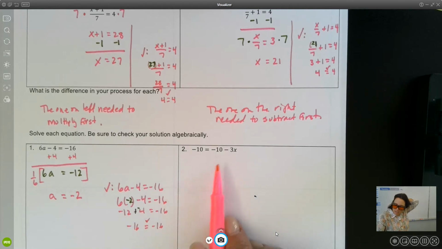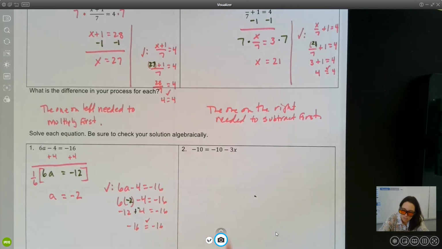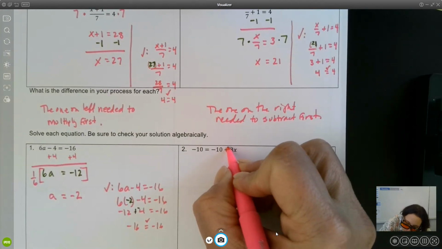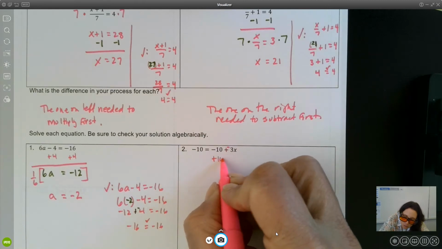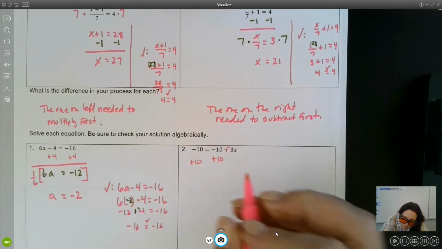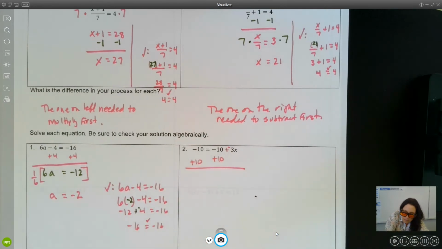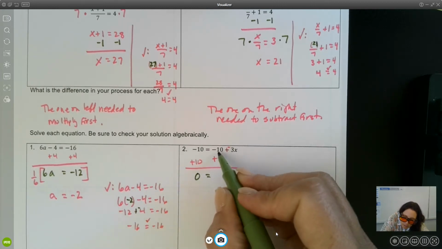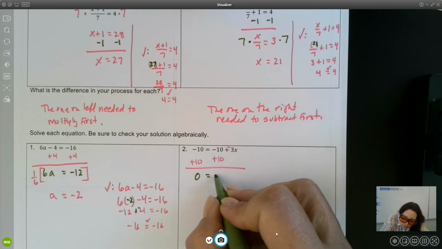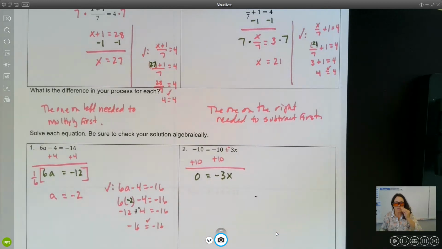All right, this guy, we're trying to get to this. Look at this like this. We're trying to get to that negative 3x, so we need to get rid of this minus 10. So we're going to add 10 to both sides. Negative 10 plus 10 is 0. These go away, and I'm left with this negative 3x.